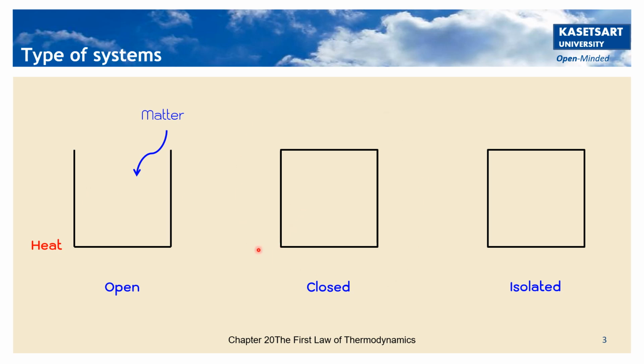The second type of system is the closed system. For example, if you have a closed or sealed container, then matter or particles cannot enter the system or go out from the system. So you have no matter exchange, but heat can still enter the system. So we still can have heat or energy exchange with the system.